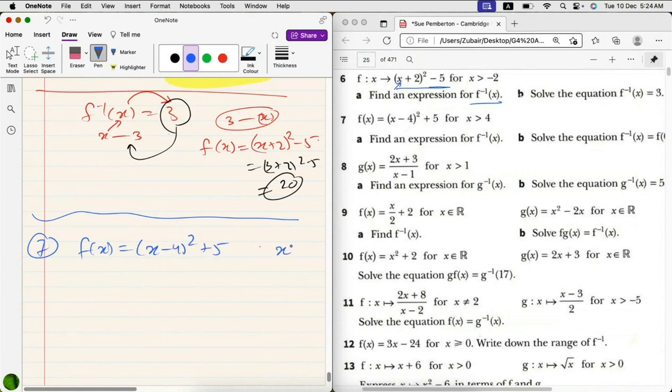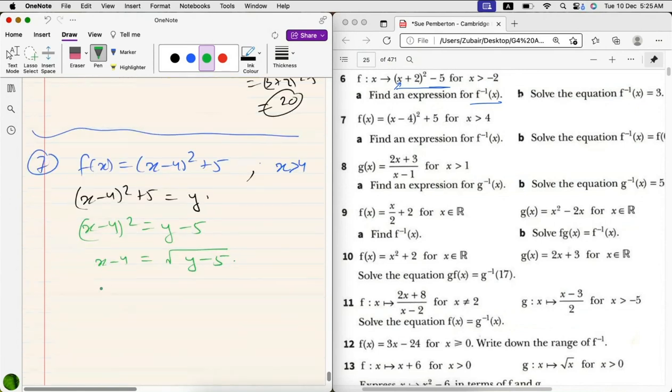So see, he always restricts, or else we can't find the inverse. (x minus 4) whole square plus 5 is equal to y. (x minus 4) whole square is equal to y minus 5. x minus 4 is equal to square root of y minus 5. x is equal to 4 plus square root of y minus 5. f inverse x is equal to 4 plus square root of x minus 5.